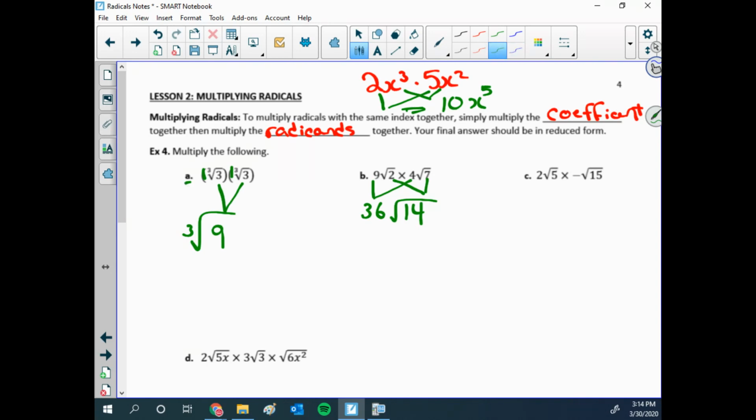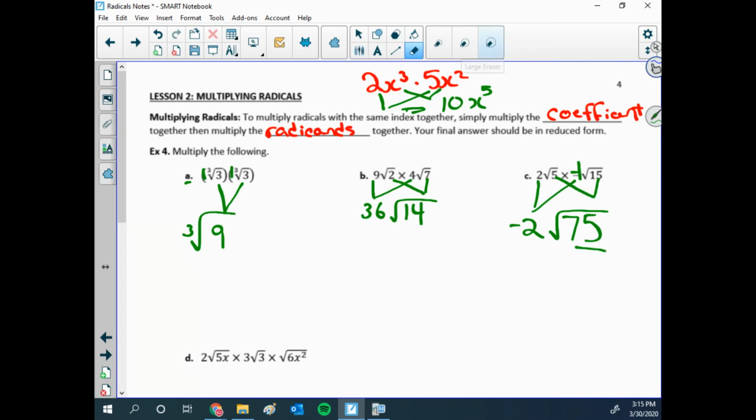All right, let's continue for C here. So 2 root 5 times negative root 15. Coefficients get multiplied together. So 2 times negative 1 is negative 2. And 5 times 15 is going to give me the square root of 75. So this is not technically my final answer because I need to make sure I reduce my radicand as much as possible. So looking at 75, I know 75 is divisible by 25, and 25 times 3 gives me 75.